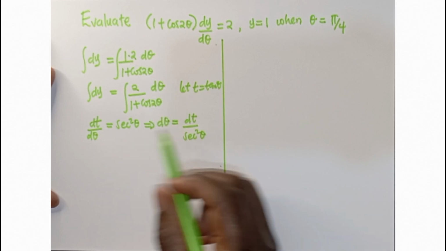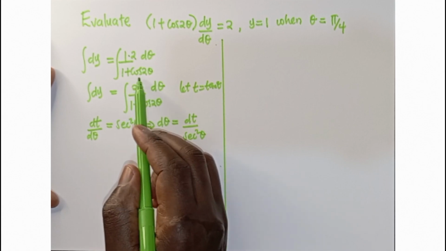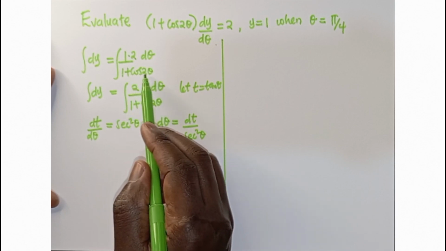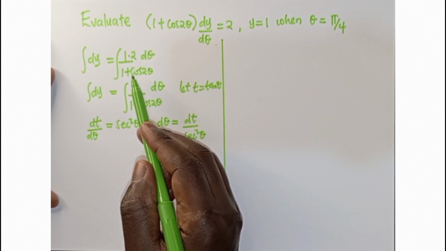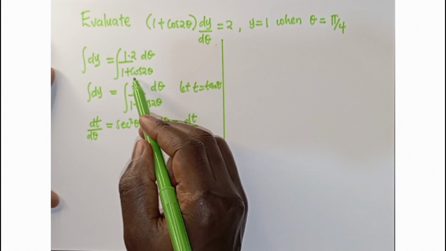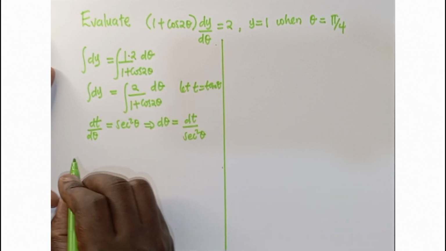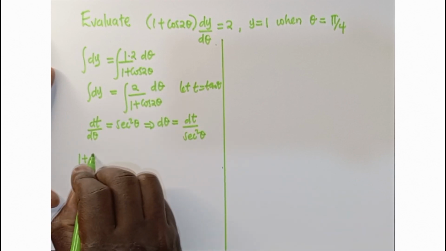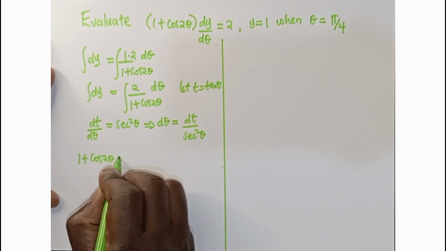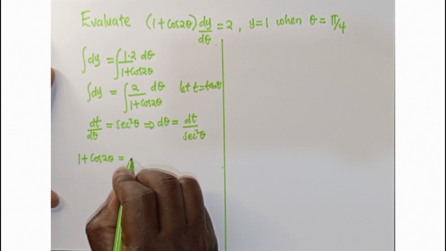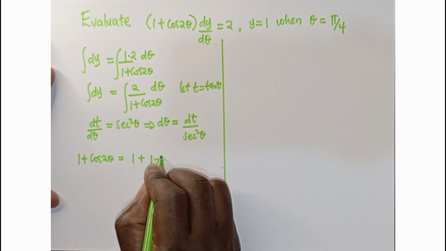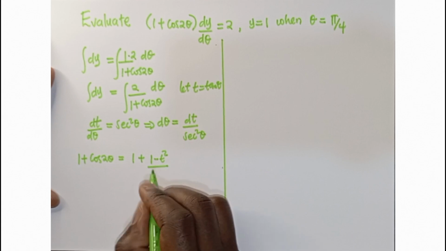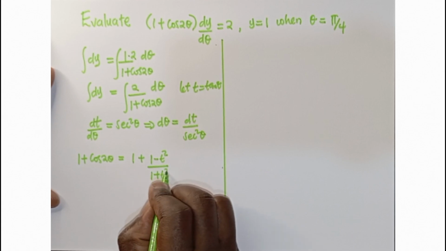So now the next thing is to simplify 1 plus cos 2 theta. How do we simplify it? We use the t formula for cos 2 theta. So 1 plus cos 2 theta is the same as 1 plus 1 minus t square over 1 plus t square.